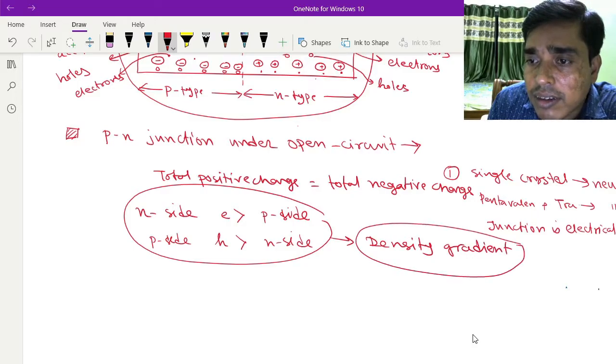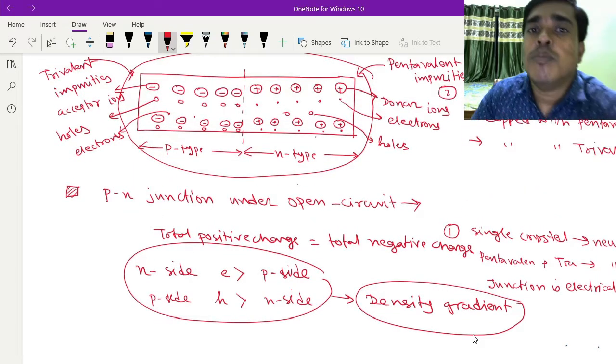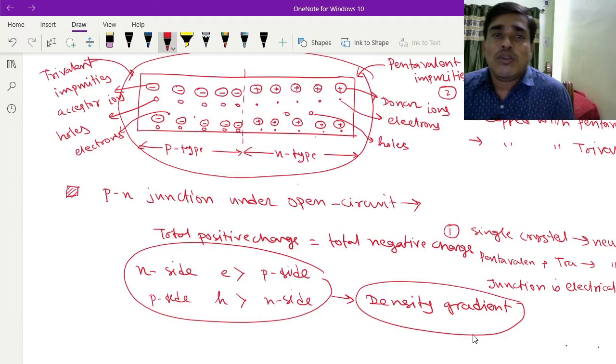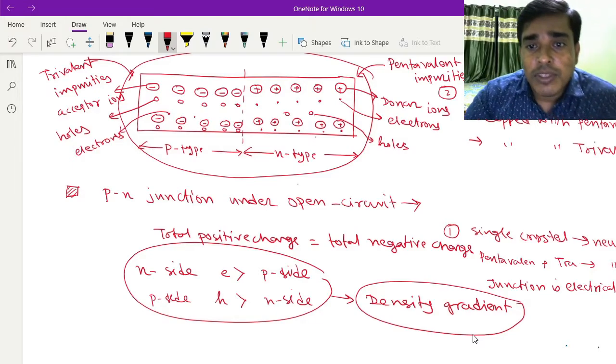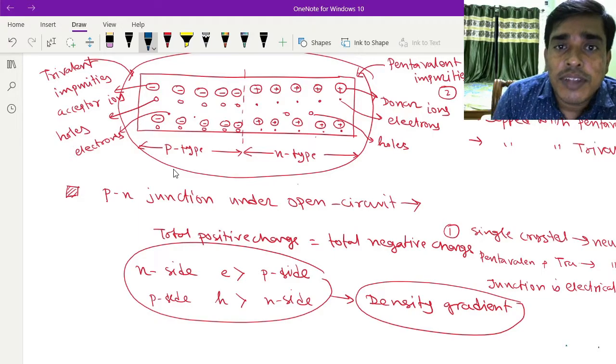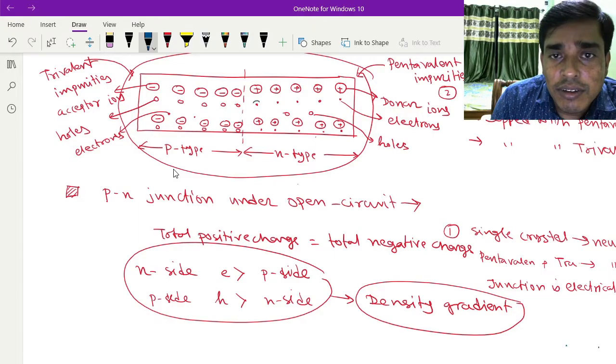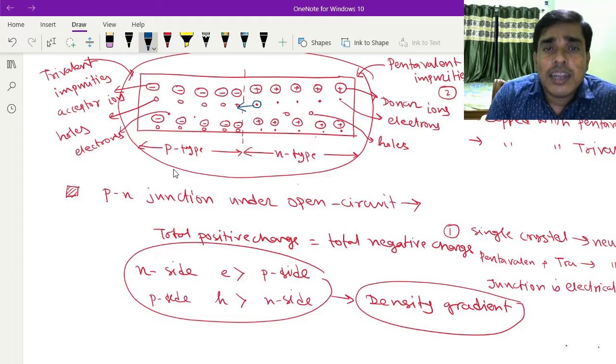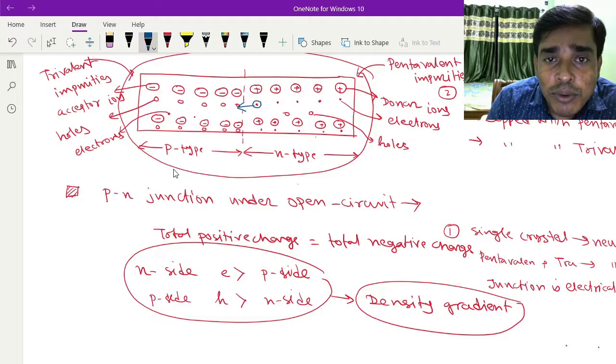So due to this density gradient, the carriers will move towards each other. For this region, some electrons, suppose this electron, will move towards the p region, and some holes will move towards the N region.